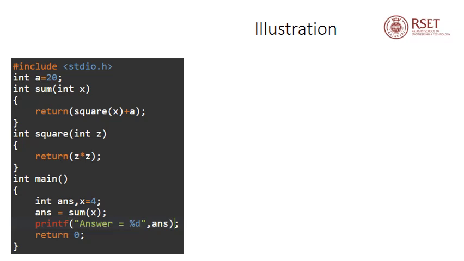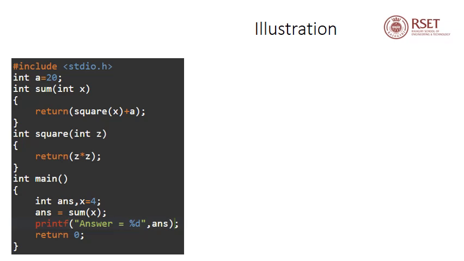Inside the main function we have two local variables, answer and x. X is initialized with the value 4, and answer will store the return value of function sum, to which the argument x will be passed.